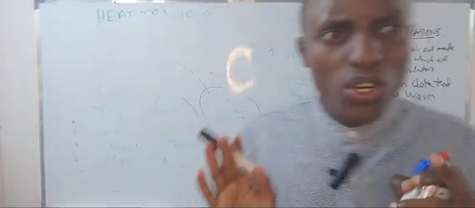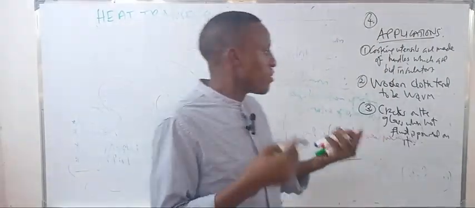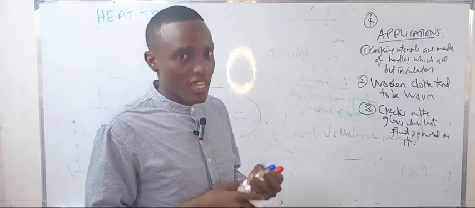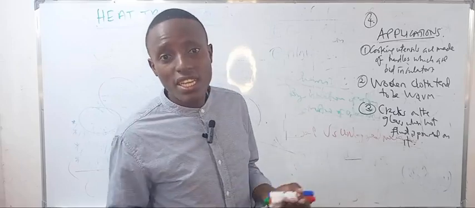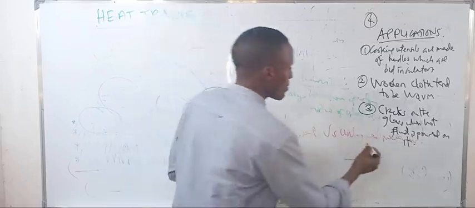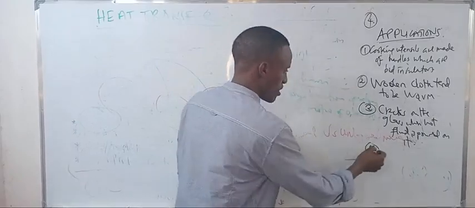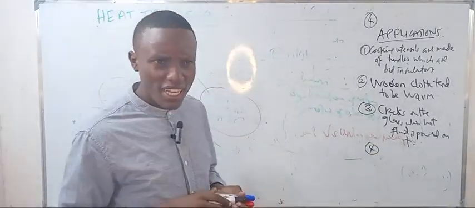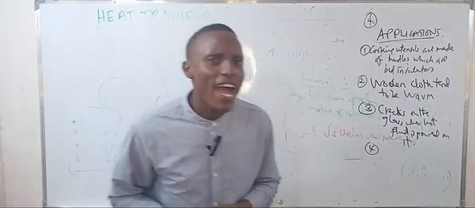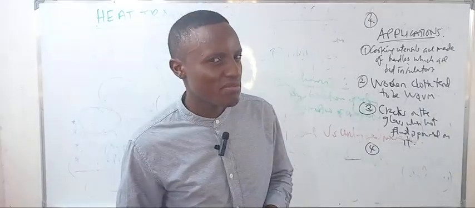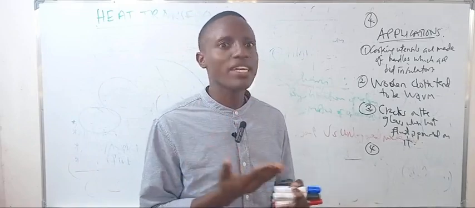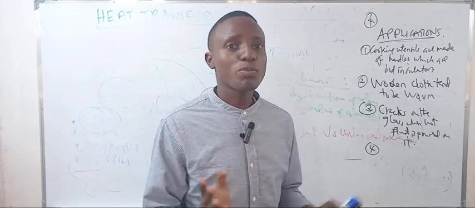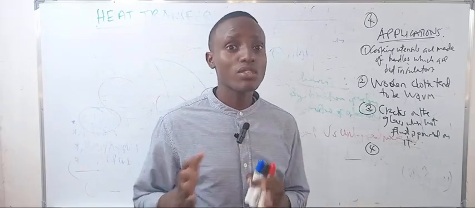So we're talking about the glass cracking due to rapid expansion and contraction on the other side. But also one of the applications, the fourth one of heat conduction: have you ever heard about cold rooms? Cold rooms are rooms to store agricultural products or any specimens that need no changes of temperature.